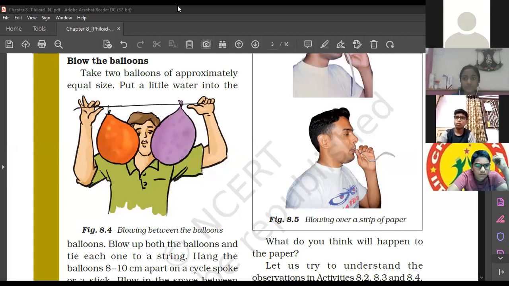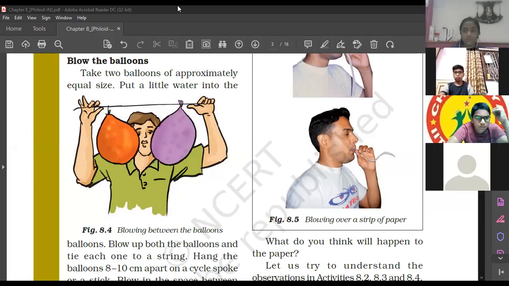How many will say whenever you are blowing the air between the two balloons in the given activity, it will move towards each other? Yeah, Sahaswita, can you explain what is the main point of that? Sir, can you explain why the balloons are moving towards each other?